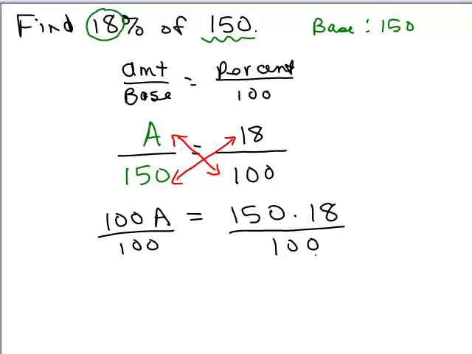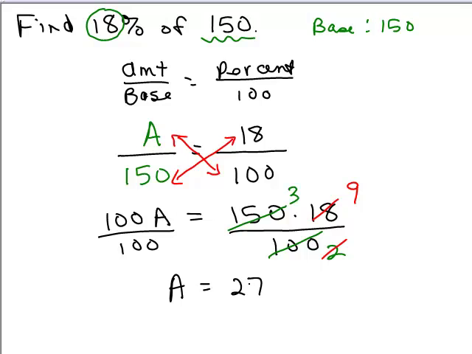So let's see. I notice I got a 0 here, 150 over 100. Actually, I'm going to divide both of those by 50. Hopefully you can see that. 150 is 50 times 3, and 100 is 50 times 2. So if I cancel, that'll be a 3, and that'll be a 2. And then I've got this 18 over 2, so I can cancel that to get a 9 in the numerator. And I'm going to end up with A equals 27.